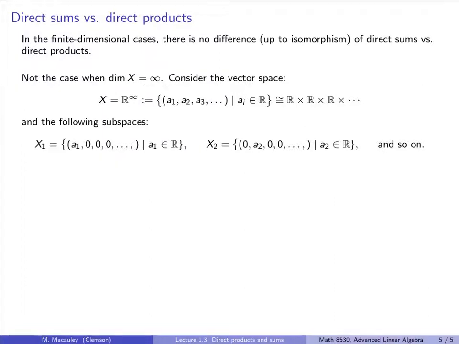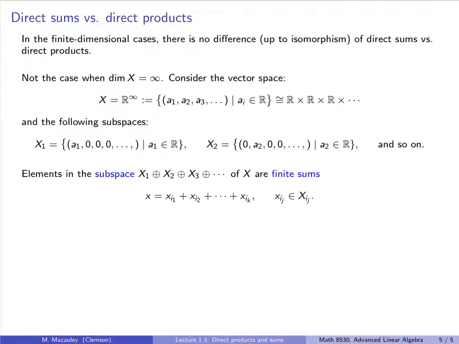And then for each integer i, we can define a subspace xi to be 0 everywhere and non-zero in the ith coordinate. So x1 is the sequence A1, 0, 0, 0, 0. x2 is 0, A2, 0, 0, 0, and so on.